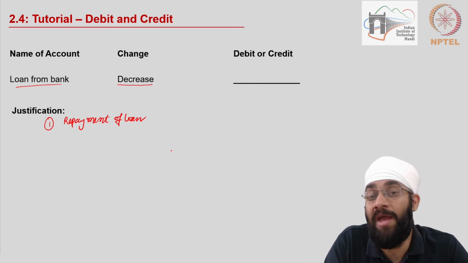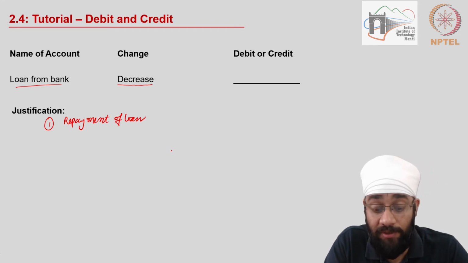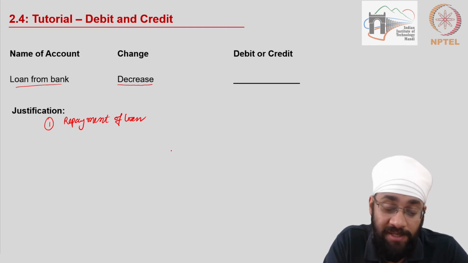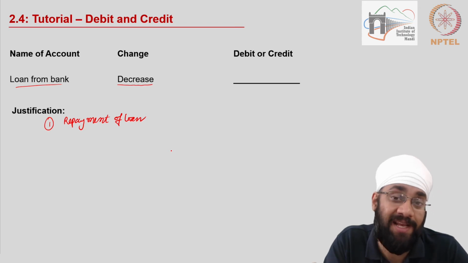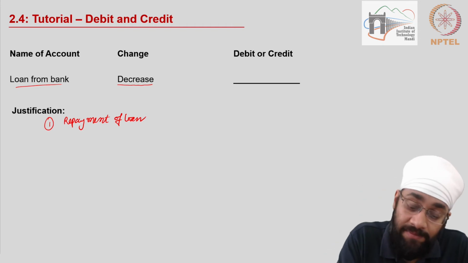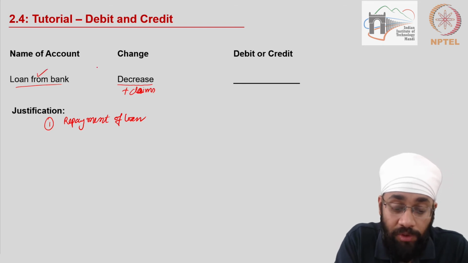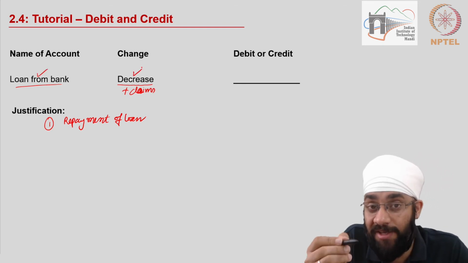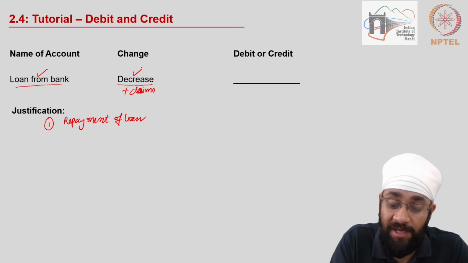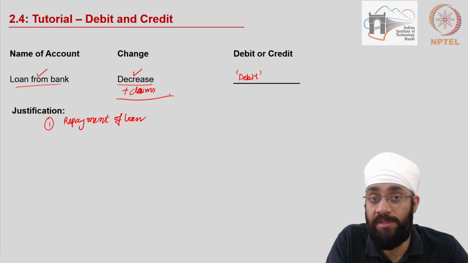Therefore, the bank's claim on the business goes down, which is the other side of the coin: the business's claims are now going up because an external party does not have claims anymore on the business. So you have increase in the claims of business because loan is being repaid. It is decreasing. If it was increasing, we would say credit, but it is decreasing, so we will say debit. Loan being paid, claims of business are going up.